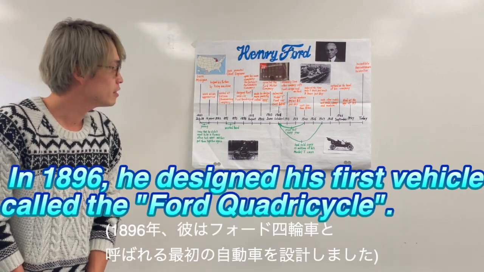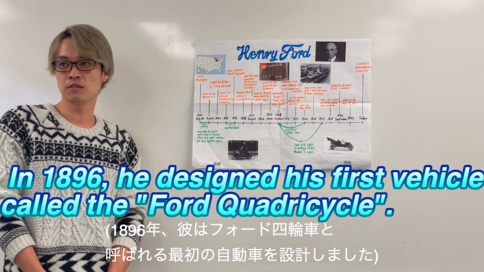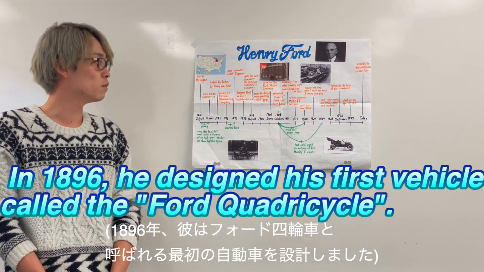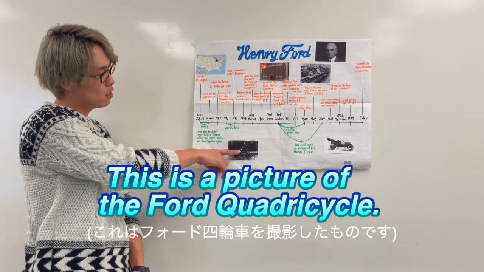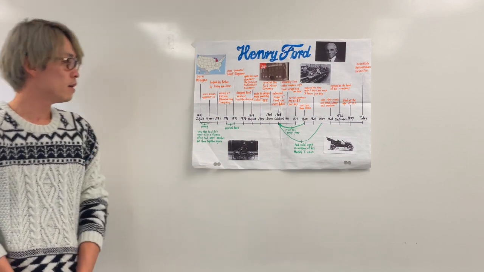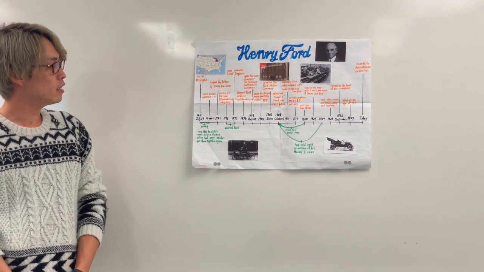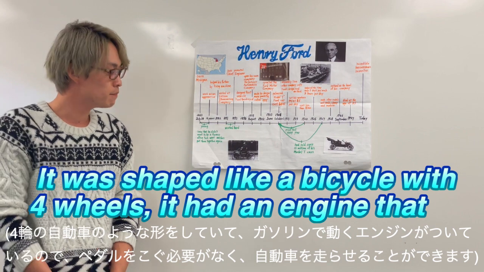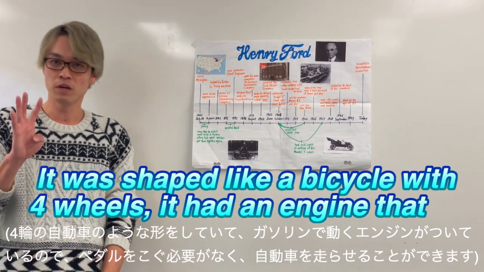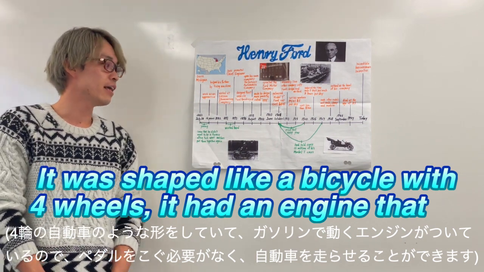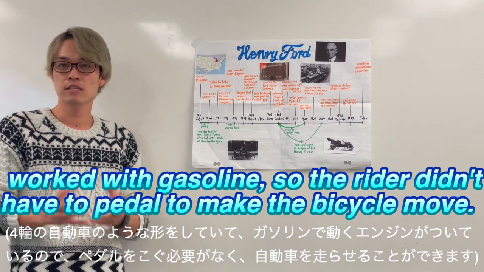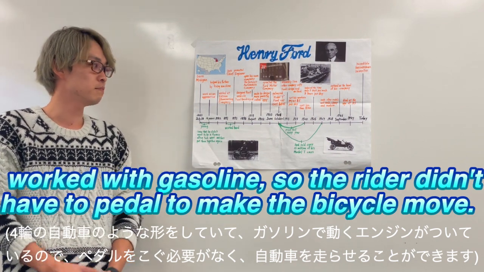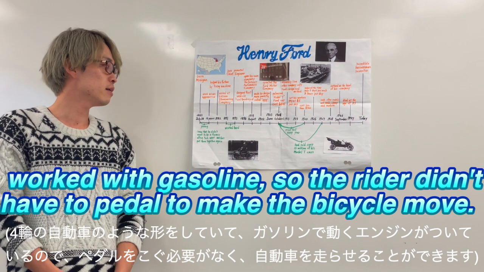In 1896, he designed his first vehicle called Ford Quadricycle. This is a picture of the Ford Quadricycle. It was shaped like a bicycle with 4 wheels, and it had an engine that worked with gasoline, so the rider didn't have to pedal to make the bicycle move.